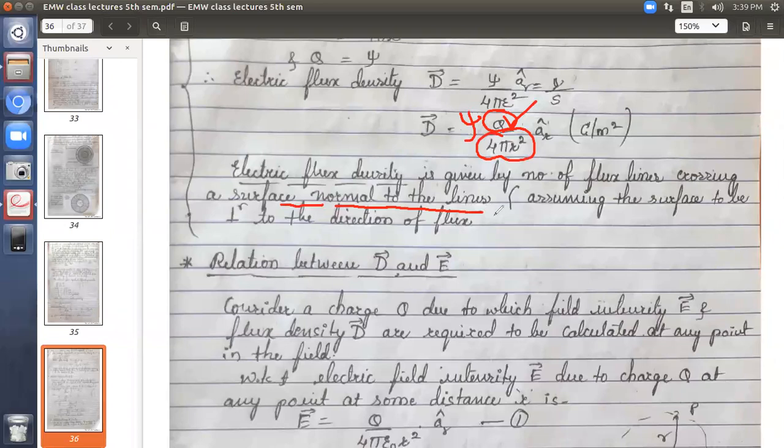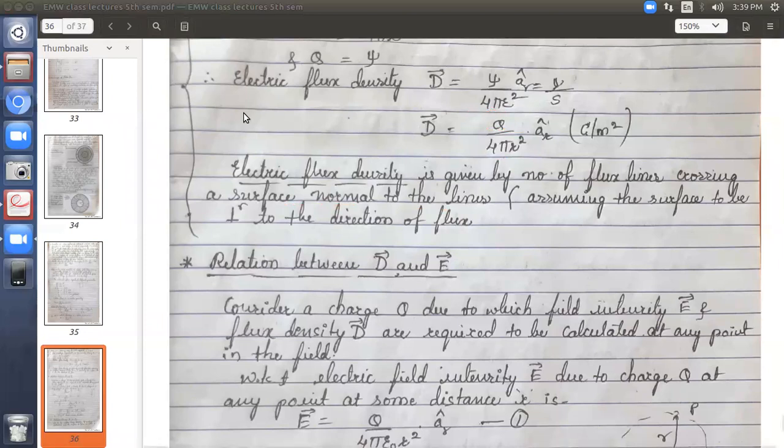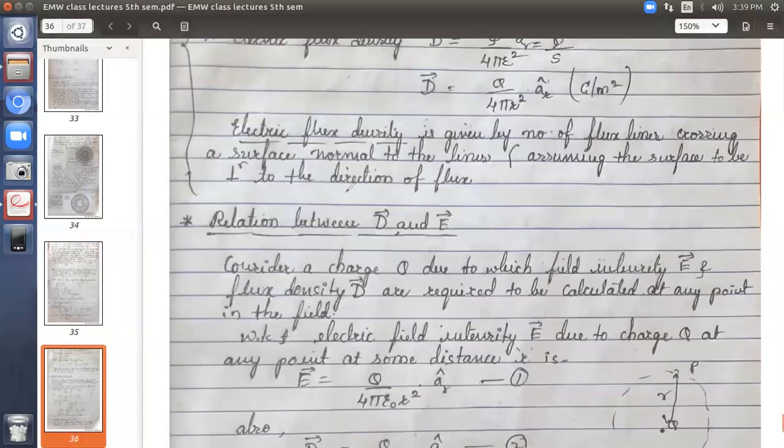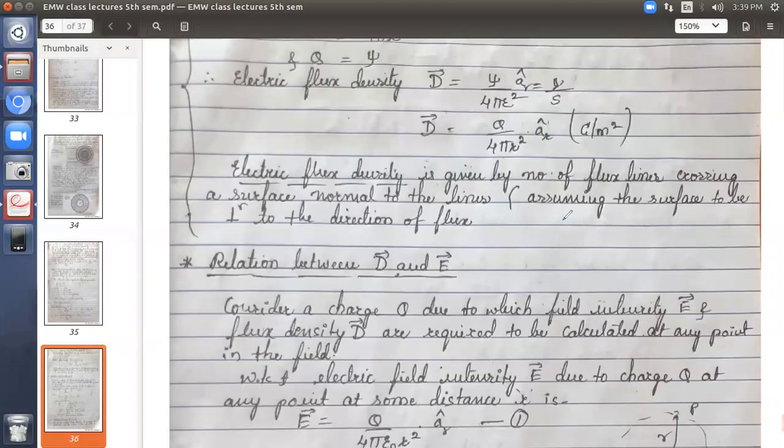The area should be perpendicular, then only you'll get the maximum flux out of it. Something like this, the setup: this is your area and the flux lines are coming like this. So the area and the lines are perpendicular to each other.